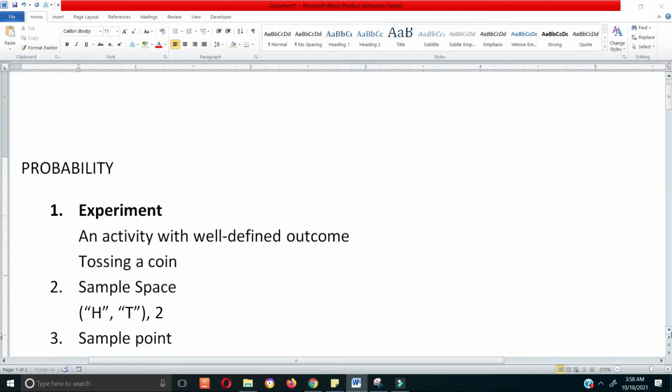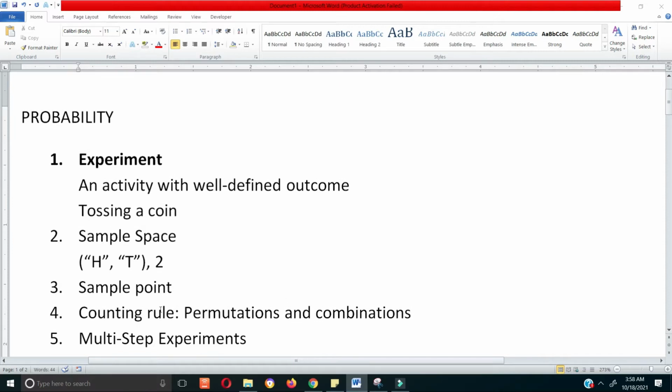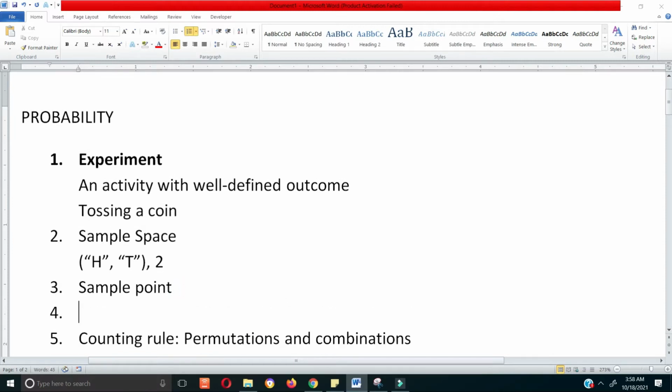So that gives you the size of the sample space. Then a sample point is any member of this set. So in this case, H or T are sample points, right?